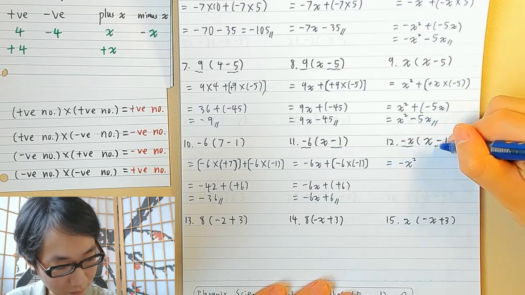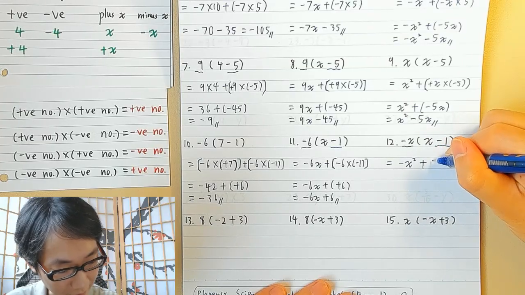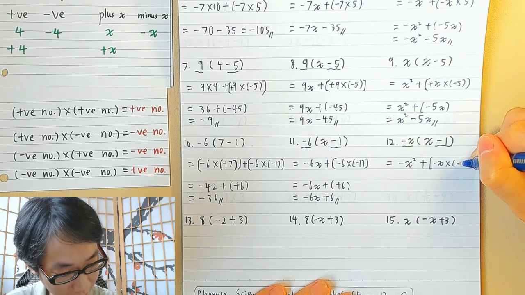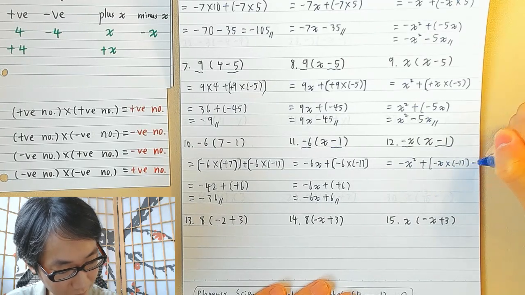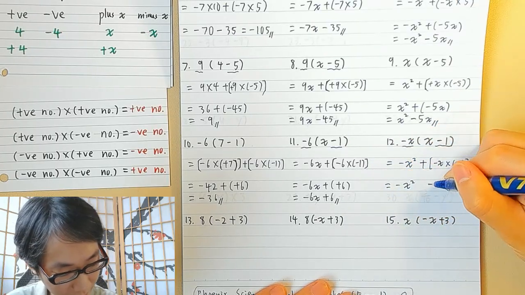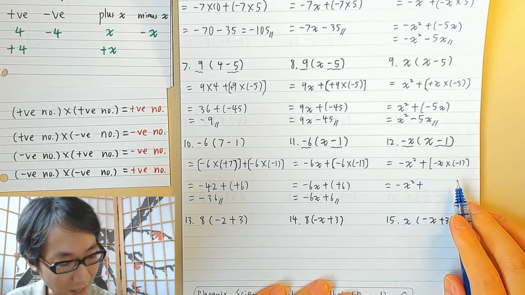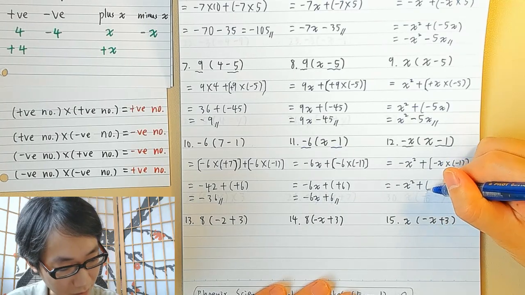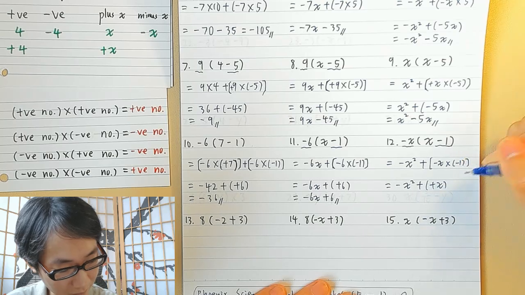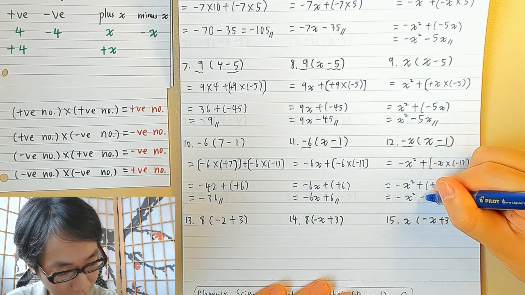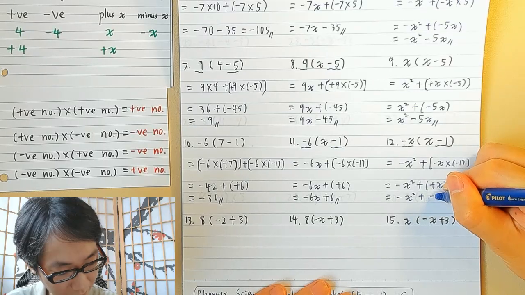Second term, negative x times negative 1. With negative x squared, minus x times negative 1 gives us plus x. So we have negative x squared plus x.